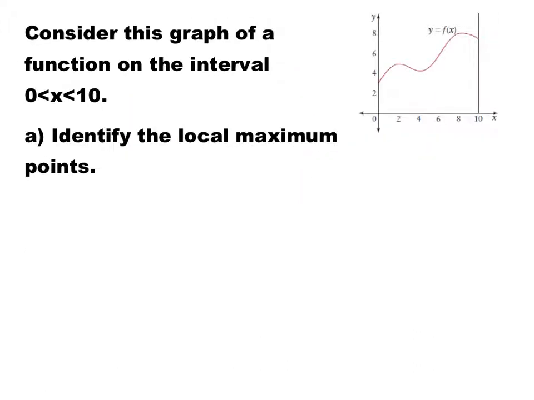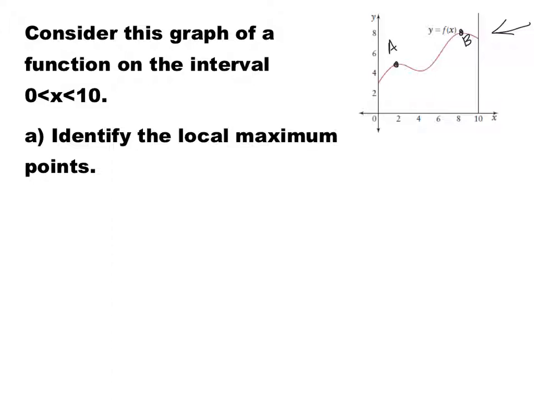The first example is to consider the graph to the right here, this graph, from 0 to 10. We have to identify the local maximum points here. The local maximums can be this point or this point. Let's call it A and B. So these are the local maximum. Let's identify the local minimum.